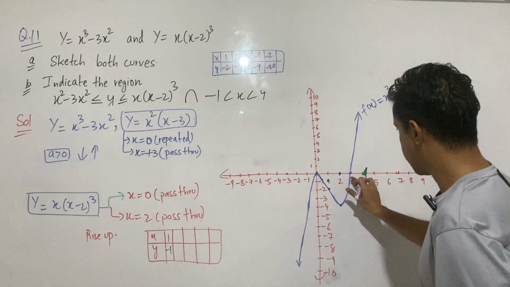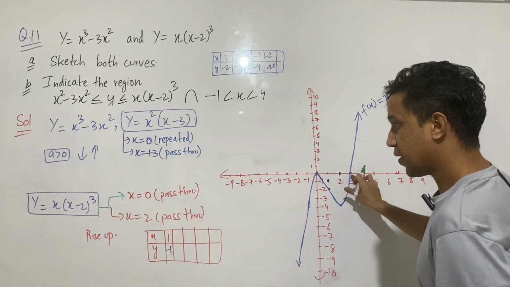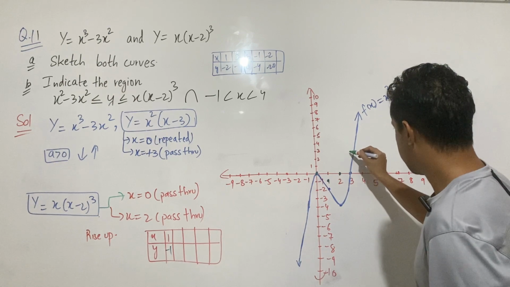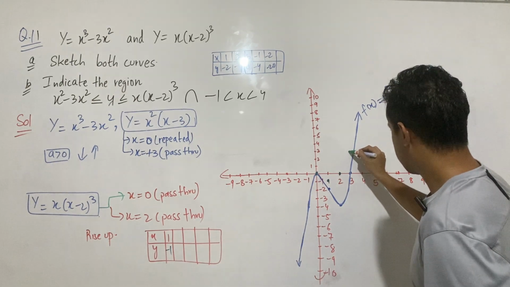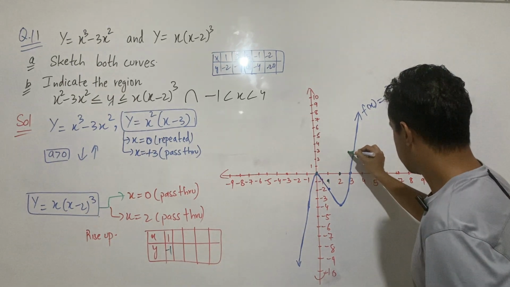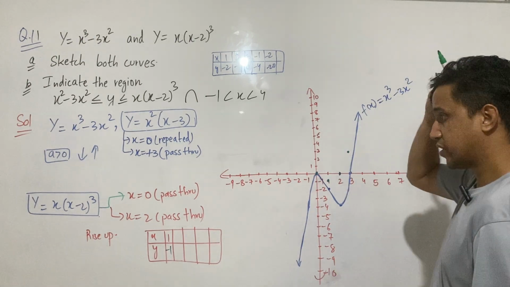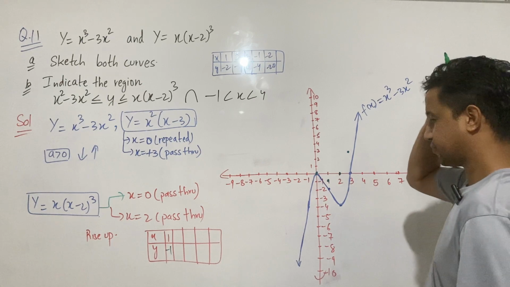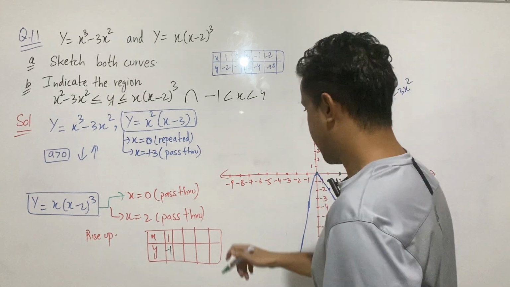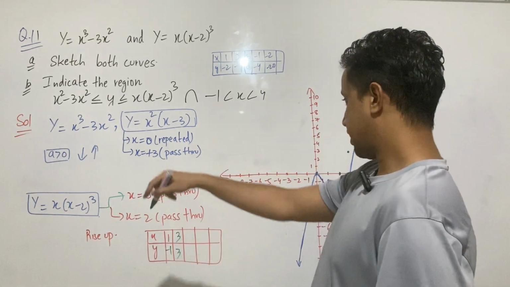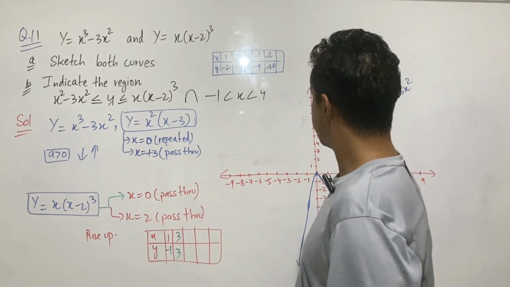For 4, it's going to be 8. Go to the negative x.